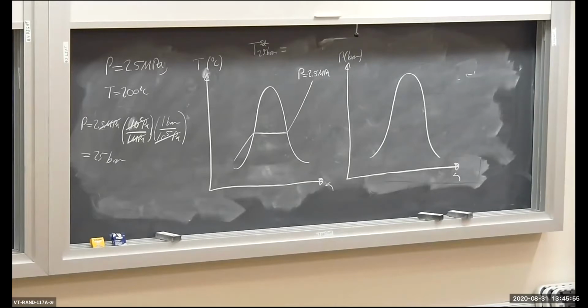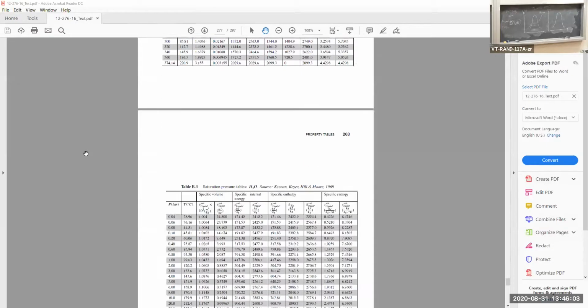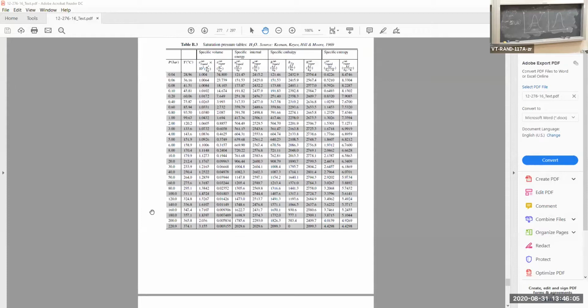Saturation temperature tables, saturation pressure tables. 25 bar. I actually don't have it. I have 20 and 30. So I am simply going to take the average of these two. Let's do the simplest interpolation we can do.